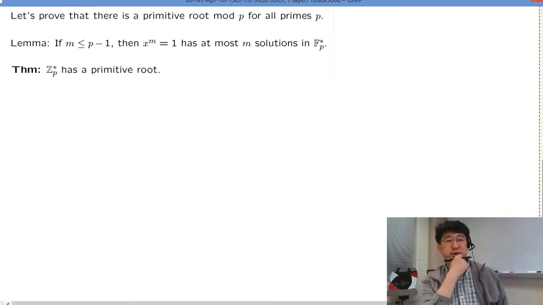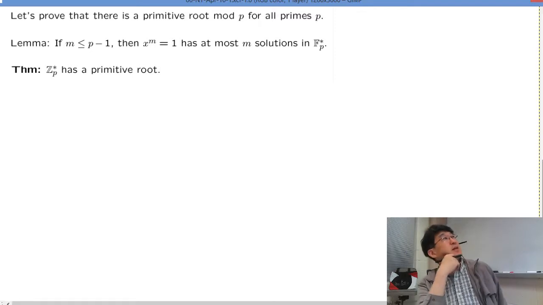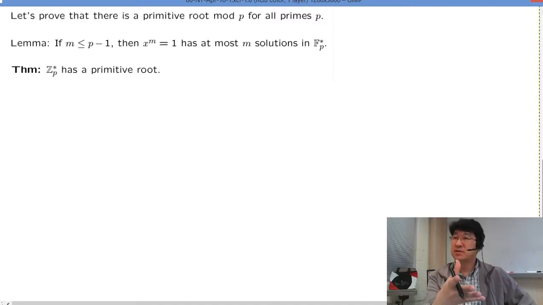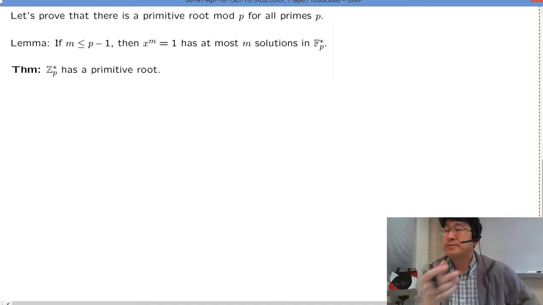Let's look at the lemma here. This lemma has a name actually. Anybody remember the name? I think it was Lagrange.